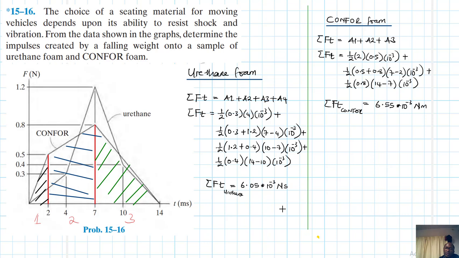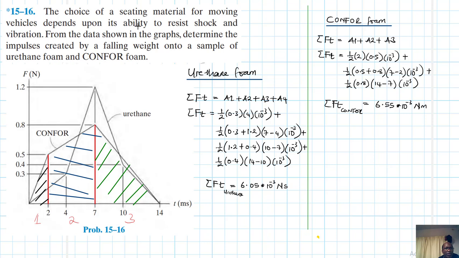Let me check it: 0.5 again by 2 by 0.5 plus 0.5 by 1.3 by 5 plus 0.5 by 0.8 by 7. Okay, I guess we are done. The question here was to determine the impulses created by the falling weight onto the sample of urethane foam and CONFOR foam.